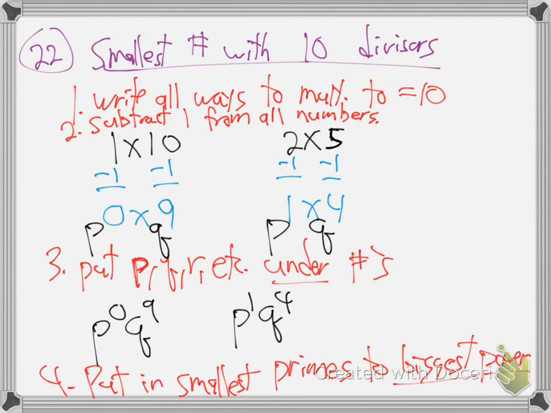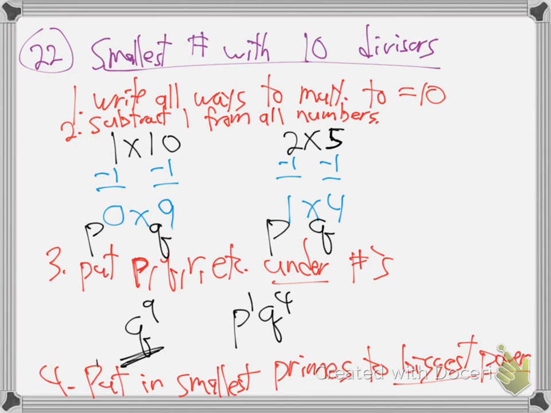And by the way, what's anything to the 0 power? Anything to the 0 power is just 1, so you can just get rid of that. That's just 1 times Q to the 9th, meaning it's just Q to the 9th. So you always get rid of the one with the 0 power.